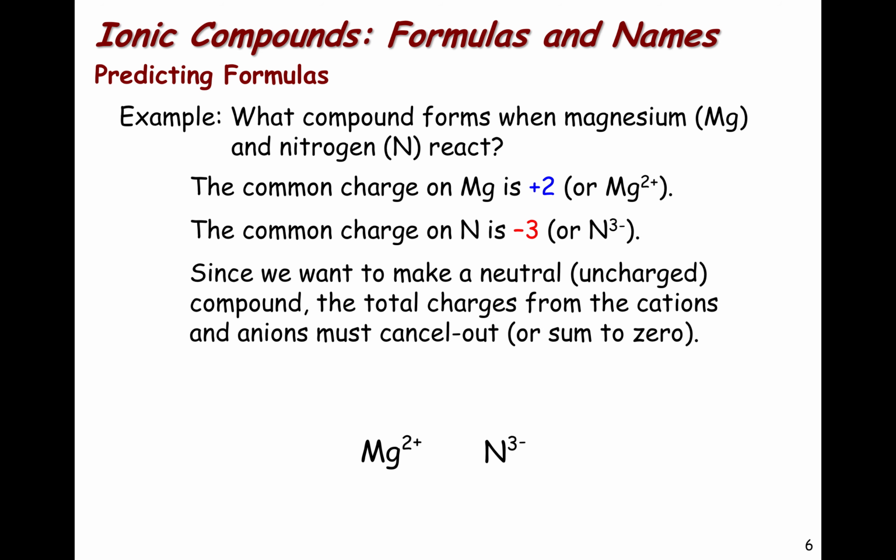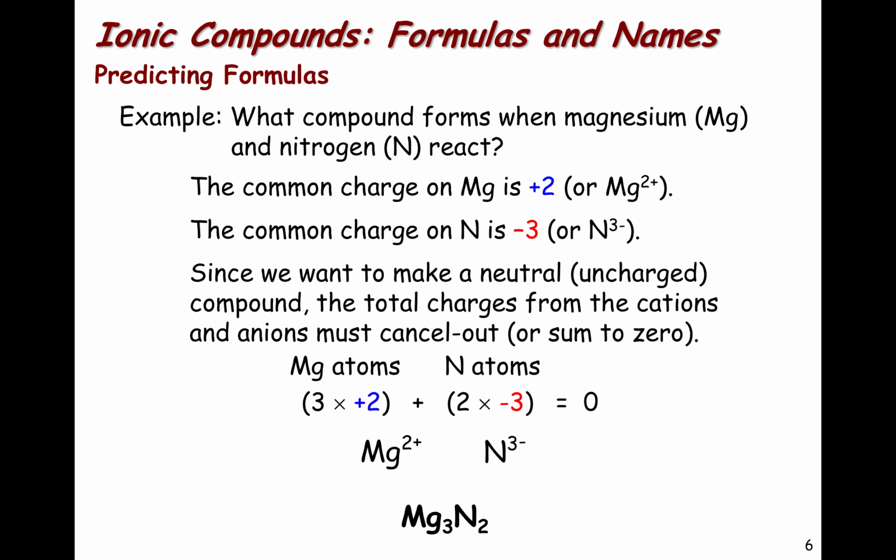Our goal now is to find some combination of these two ions that, when added together, result in the formation of 0 net charge. To do that, we will need a number that both 3 and 2 can divide into, and that turns out to be 6. So we will need a total of 6 positive and 6 negative charges.